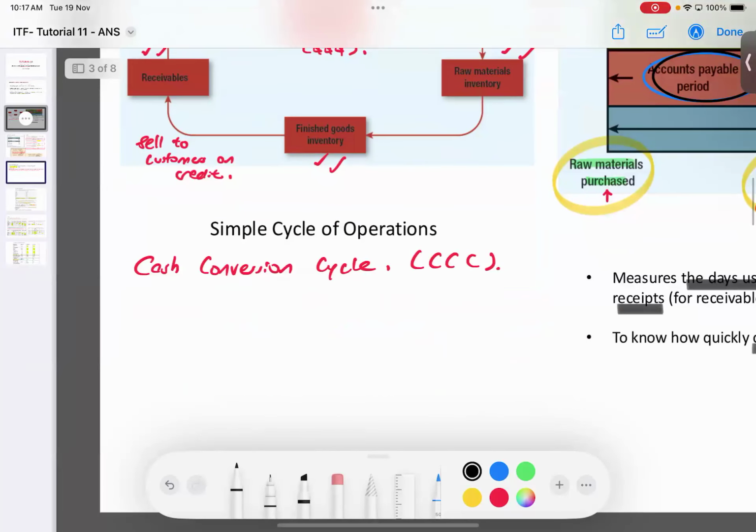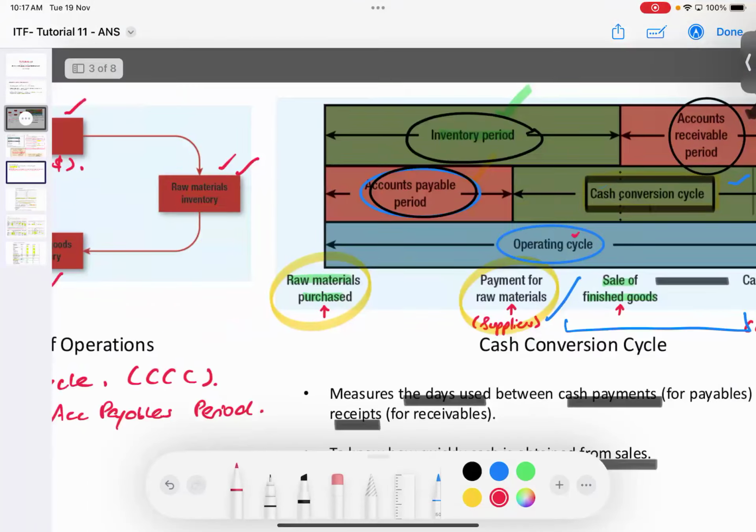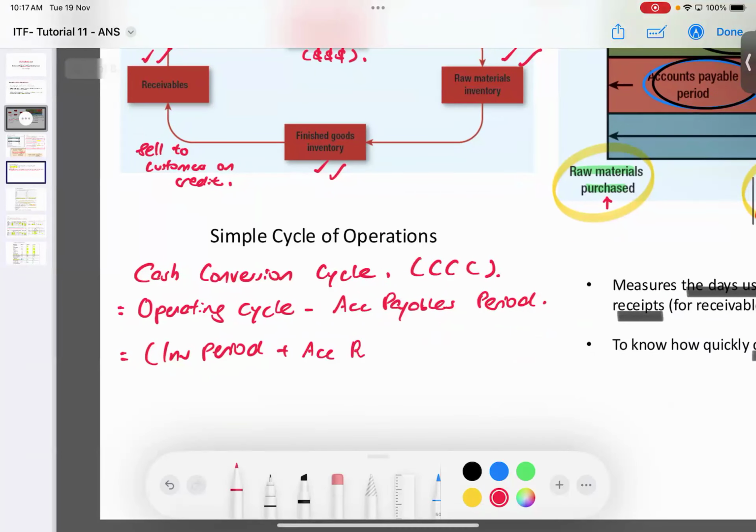Cash conversion cycle can be rewritten as operating cycle minus account payable period, or inventory period plus account receivable period, and then minus account payable period.